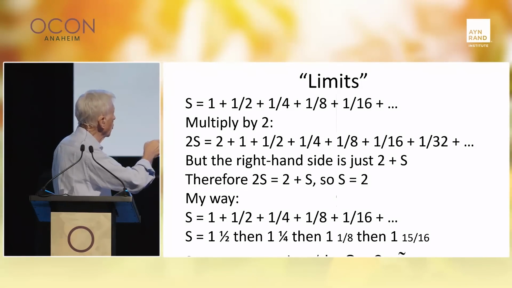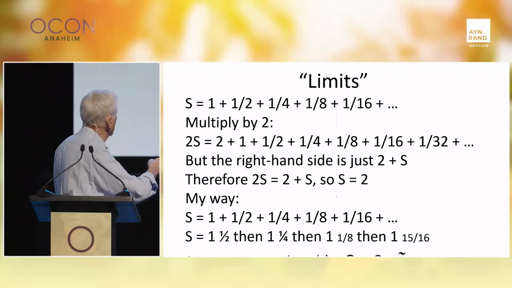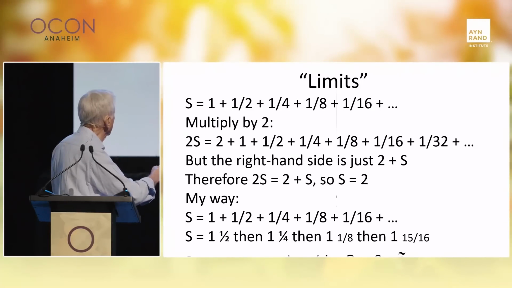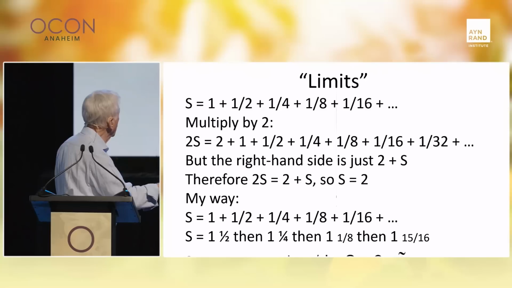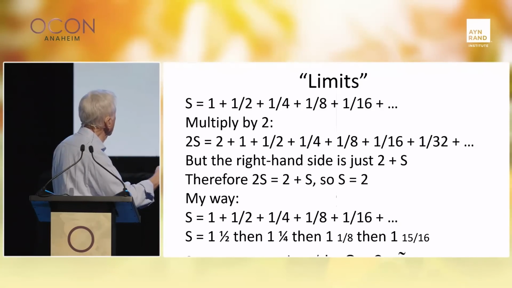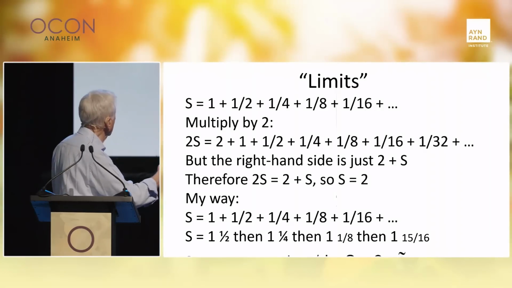So the traditional way of doing this is really cute. I like it. You multiply this equation by 2, and you get 2s equals 2 plus 1 plus 1 half plus 1 quarter plus 1 eighth plus 1 16th plus 1 32nd. But the right-hand side here is the same as the series. You see that?